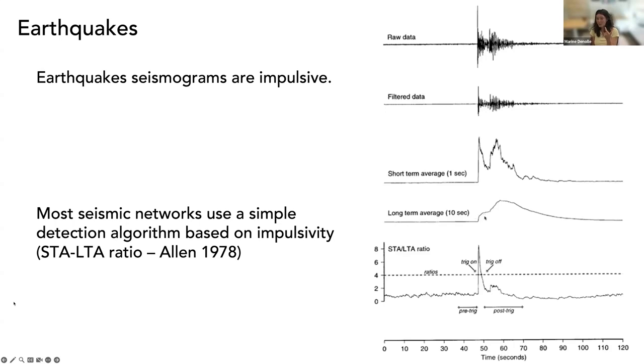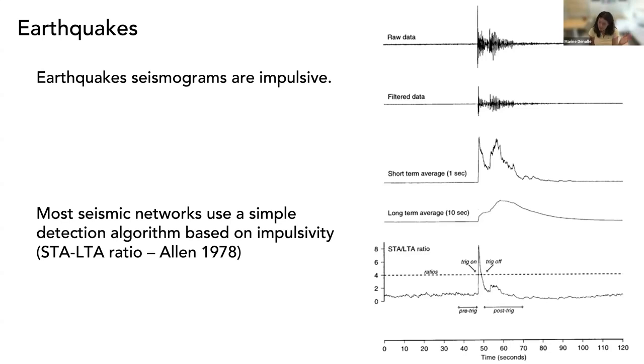And when you take the ratio of the two, it is literally just an impulsivity filter. It's a filter that will tell you how impulsive the waveform is with respect to two different time scales, short-term and long-term, tunable, as you can tell, these are parameters that might be tuned. But anyway, this feature of the data is sufficient to detect earthquakes.